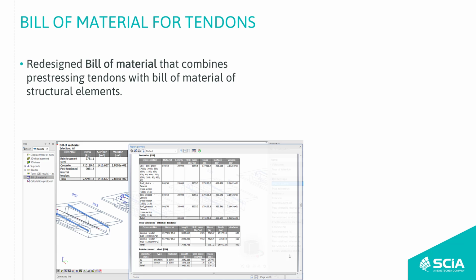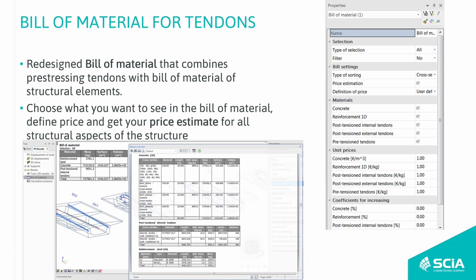The last thing which is related to the prestressed structures is the bill of material for tendons. And we redesigned the bill of material. Currently it combines the prestressing tendons with the bill of material of structural elements. So you can see here on the picture with the tables that I have a full possibility to see together concrete as a material, post-tension tendons, internal ones, and also reinforcement steel, reinforcement bars.